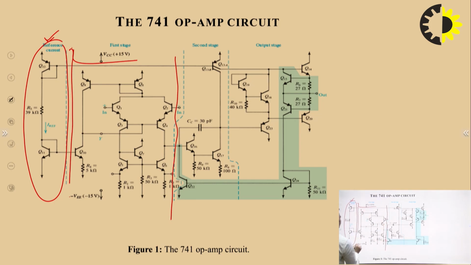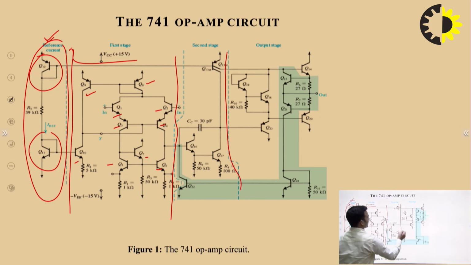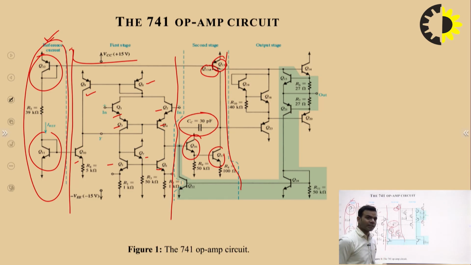In reference current generation, you can see there are two transistors, Q12 and Q11. The first stage has transistors Q9, Q8, Q1, Q2, Q3, Q4, Q5, Q6, Q7, as well as Q10. After this is the second stage, which consists of transistors Q13A and Q13B, Q16, Q17, and this is the coupling capacitor, which is used for frequency compensation.